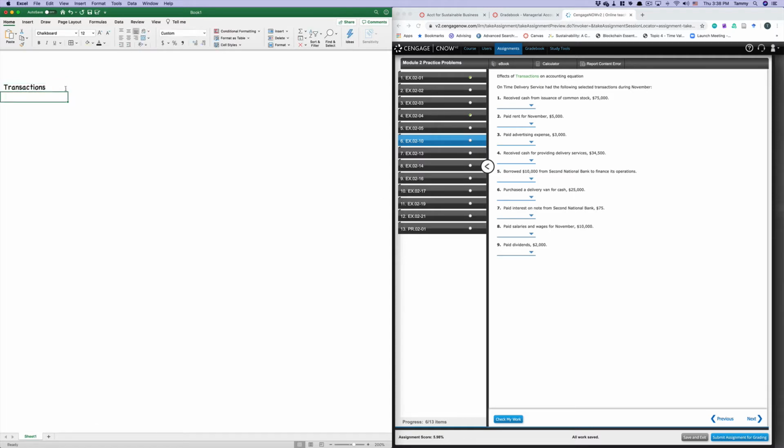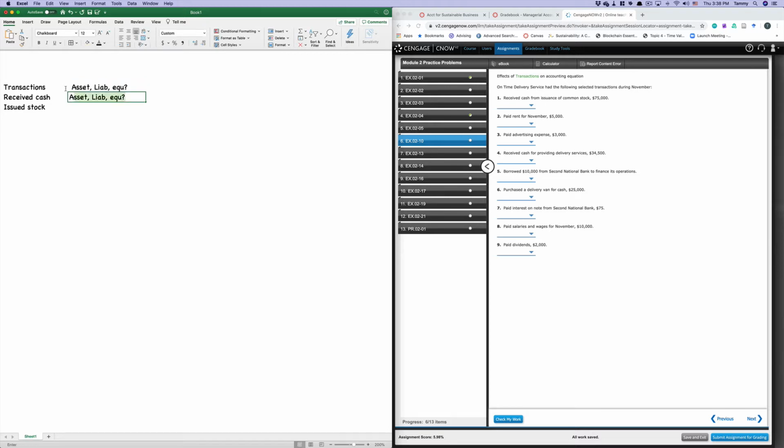okay, so we have received cash and issued stock. Okay, so you want to say asset, liability, or equity. You want to think about what that is, right?